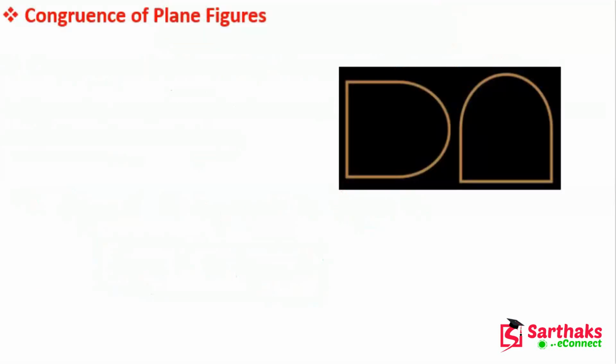Now let's see the congruence of plane figures. Let's suppose we have two figures, and here are the steps to find whether they are congruent to each other or not. First of all, my dear friends, we have to trace a copy of figure 1 using tracing paper, cut it out, and place it over figure 2, which means on this figure.